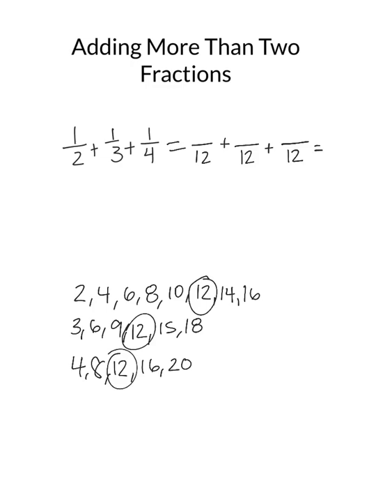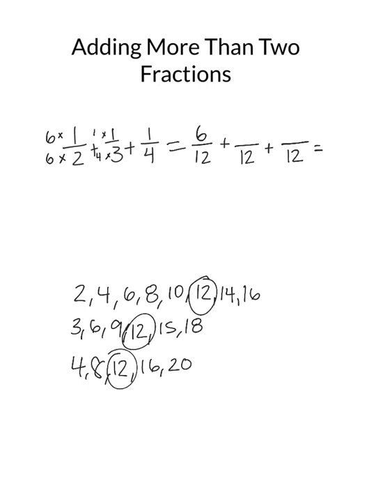So I need to think, what do I multiply each of these numbers by to get 12? Well, in this case, 2 to get 12, times 6. I multiplied the bottom by 6, so I multiplied the top by 6. 1 times 6 is 6. Now 3. 3 to get 12, I do times 4. 3 times 4 is 12.